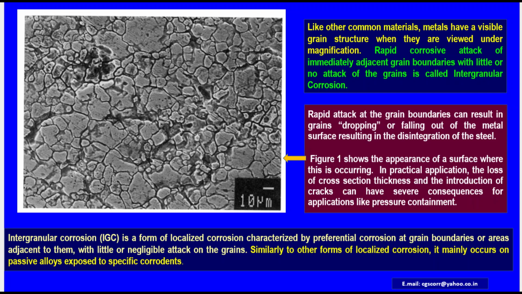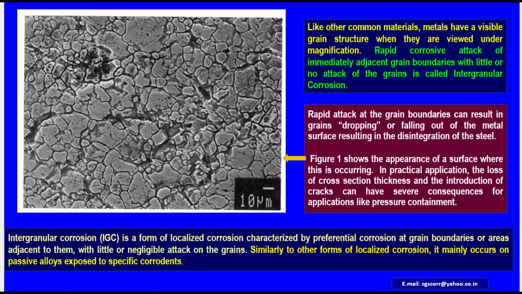The forthcoming 7 slides throw more light on intergranular corrosion behavior, that is intergranular attack, in a more metallurgical and technical manner. Intergranular corrosion, shortly called IGC, is a form of localized corrosion characterized by preferential corrosion at grain boundaries or the areas adjacent to them, with little or negligible attack on the grains.